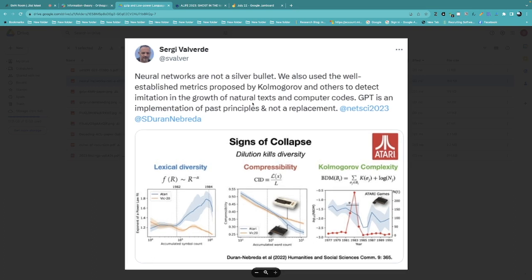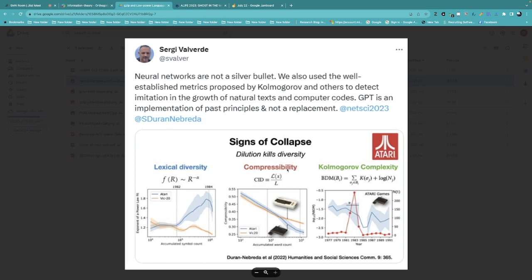Kolmogorov complexity is similar to what we were talking about with the gzip example, where you're finding a distance and calculating complexity based on a distance in computer code. So they're looking at the distance between natural text and computer codes.